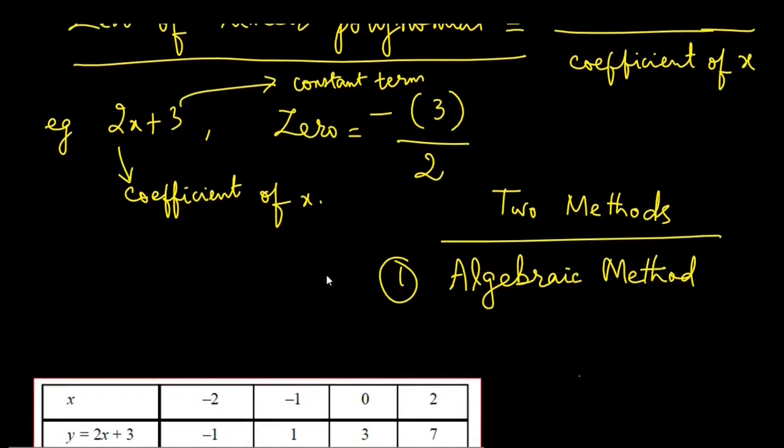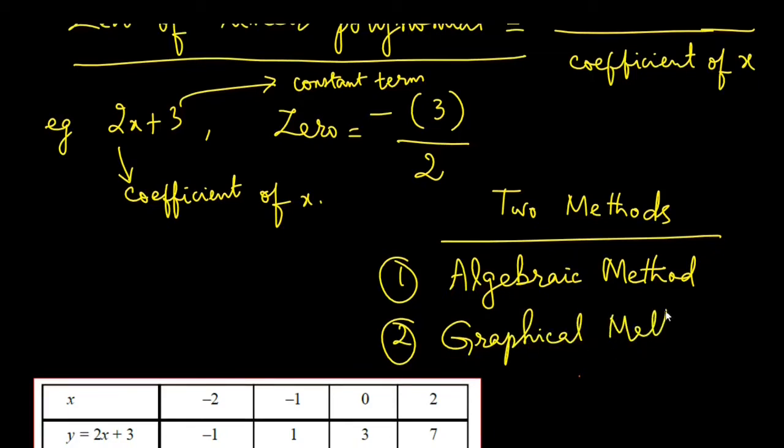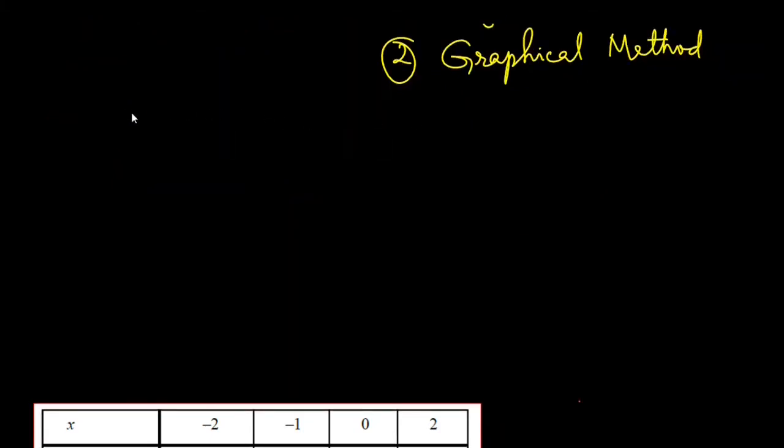The second one is graphical method. Till now we have seen algebraic method. Now let us see graphical method. How to find 0 of 2x plus 3 in graphical method.